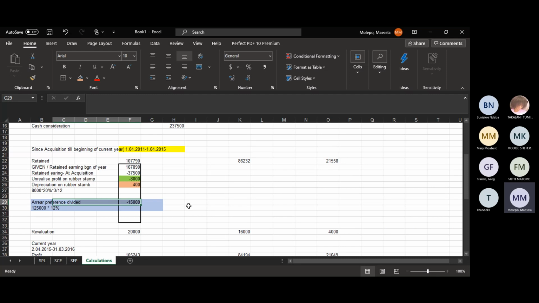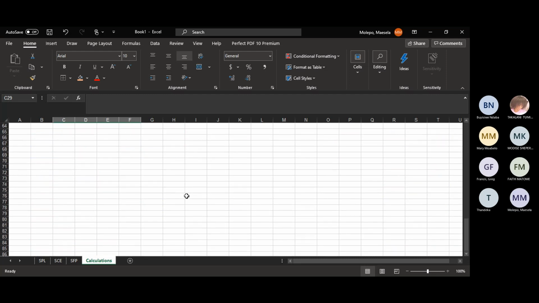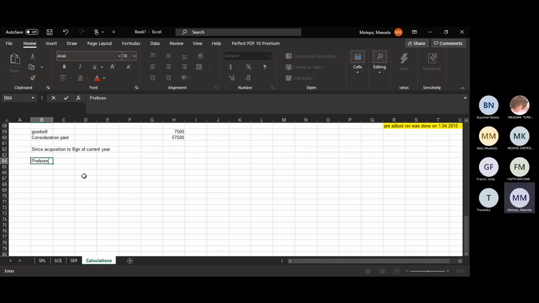So the ones which were in arrears, now they have to be accounted for in the since acquisition, but we're going to record them as the preference dividends. So we just say the preference dividends here is the one which was in arrears in the last year.